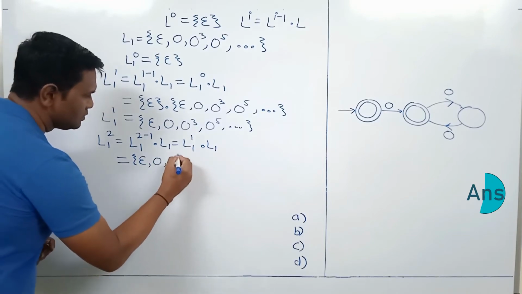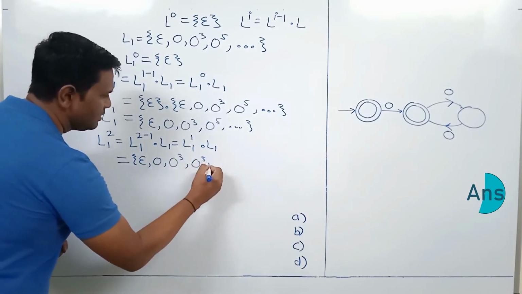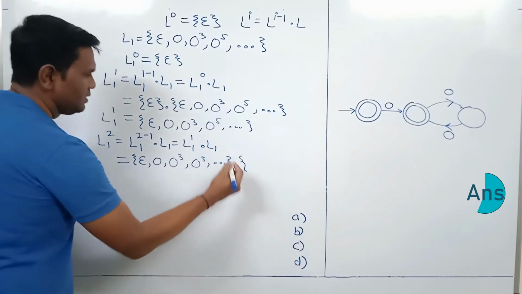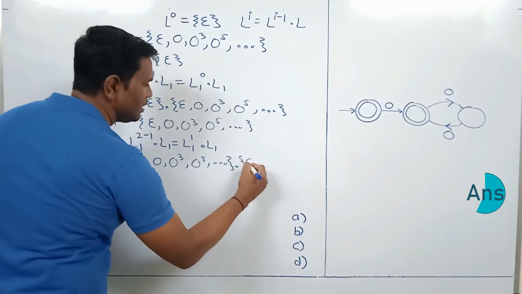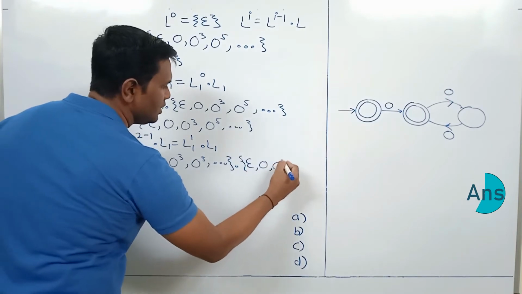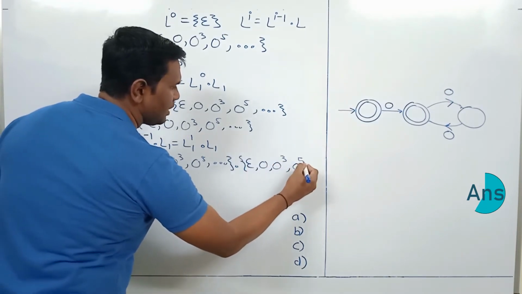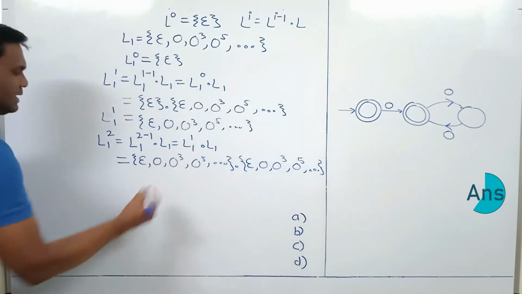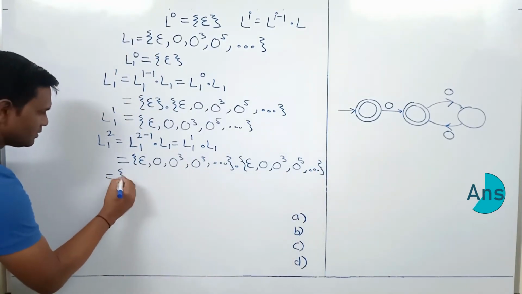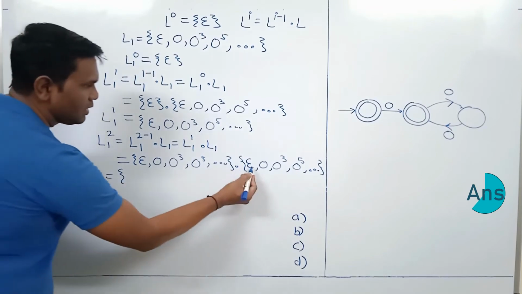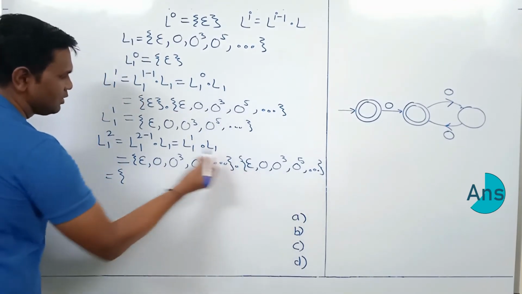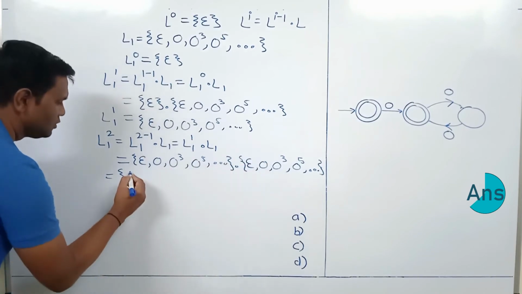Epsilon, 0, 0 power 3, 0 power 5 and so on, dot L1. So L1 is epsilon, 0, 0 power 3, 0 power 5 and so on. Now we have to calculate this concatenation. So epsilon dot any language is the language itself. So first we calculate epsilon dot epsilon, epsilon dot 0 and so on.